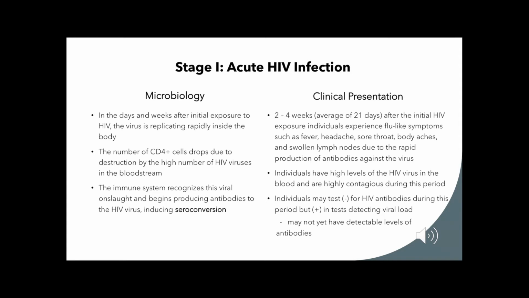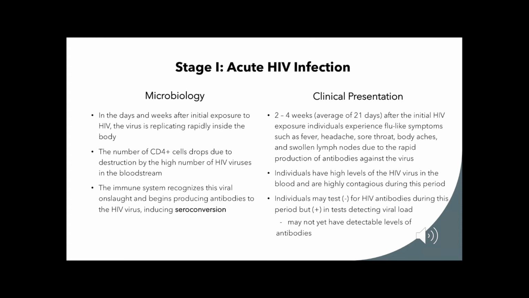Individuals in this part of the stage of HIV have very high levels of the HIV virus in their blood. They don't have the antibodies needed to trigger the immune response against the HIV virus, so they are very infectious, they have a high viral load, and they can transmit it quite readily.